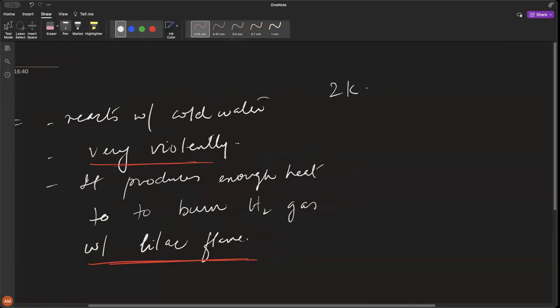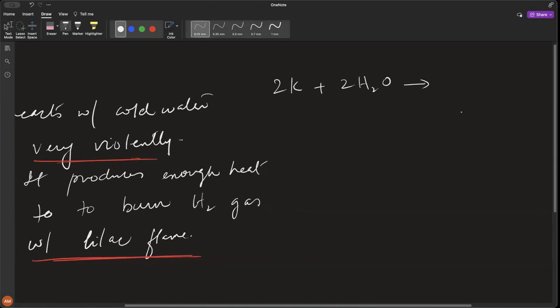So the reaction is like this: potassium plus 2H2O gives 2 potassium hydroxide plus hydrogen gas.